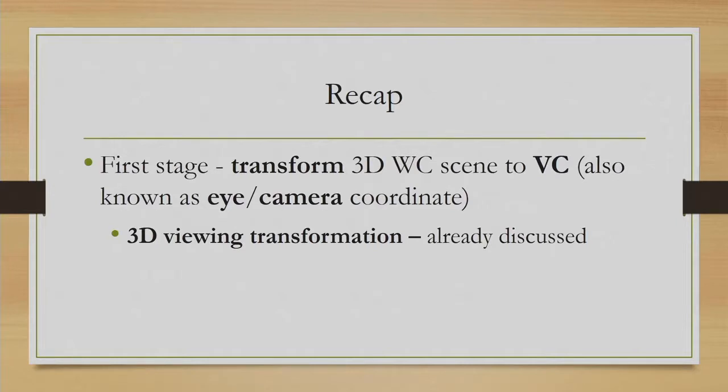Now, first sub stage is a transformation from 3D world coordinate scene to a view coordinate description. Now, this view coordinate is also known as eye or camera coordinate system, and we have already discussed this transformation, which is called 3D viewing transformation, in the previous lecture. So, this is already discussed.